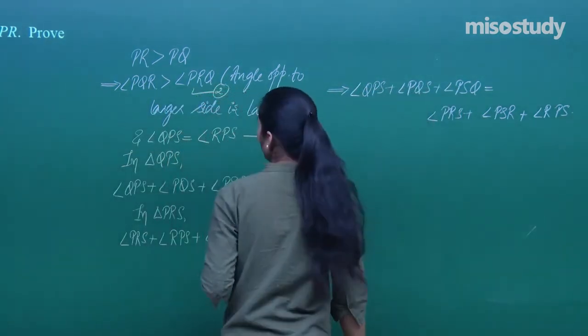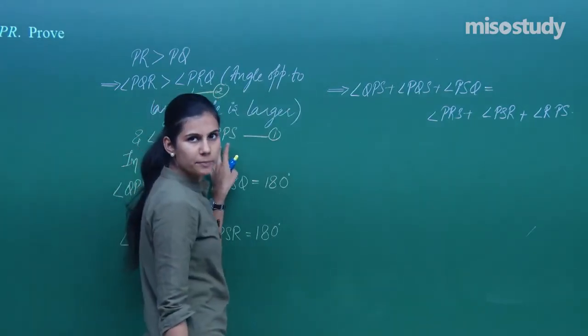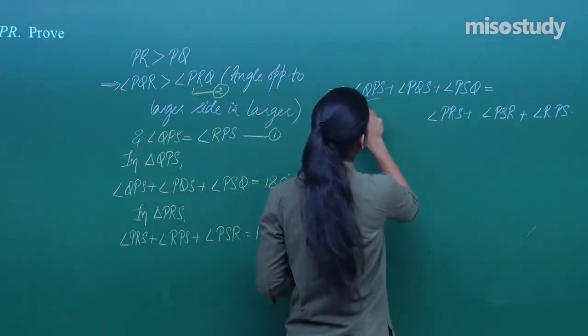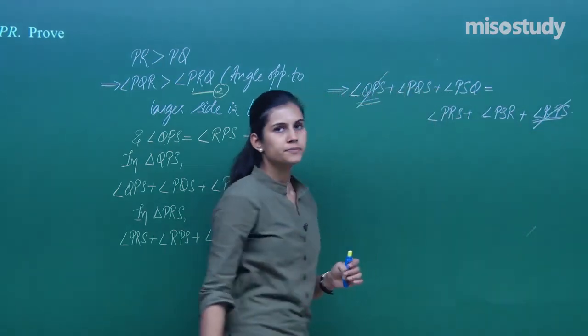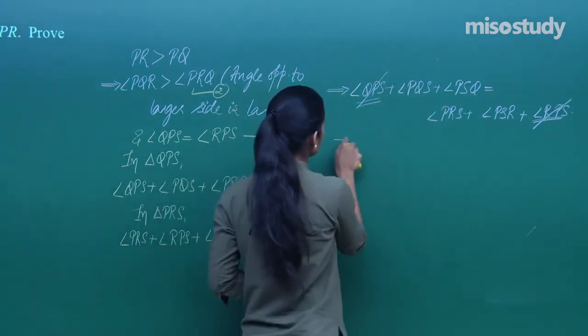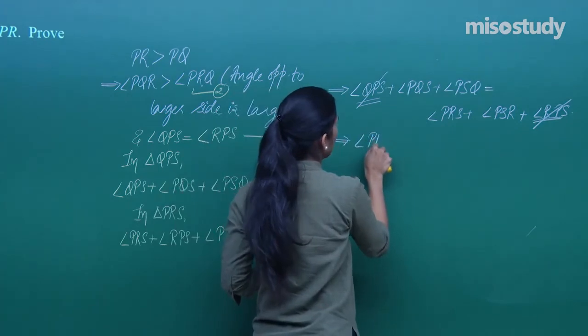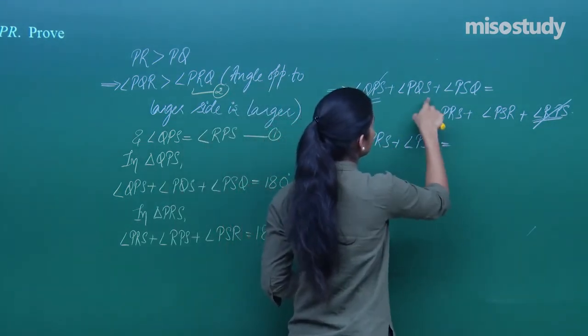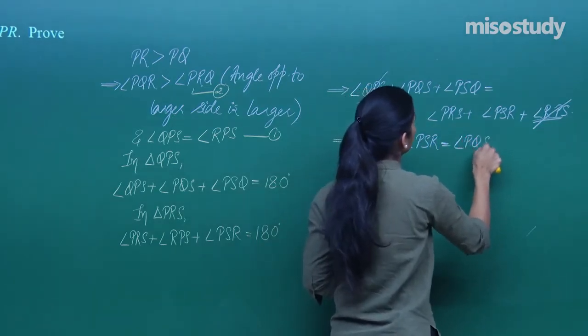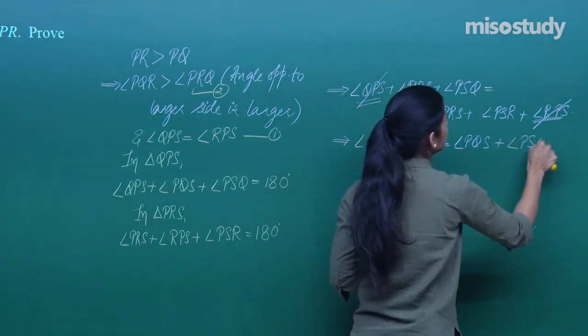Now you have QPS is same as RPS. So obviously this cancels out. They both are same. So you actually get angle PRS plus angle PSR is same as angle PQS plus angle PSQ.